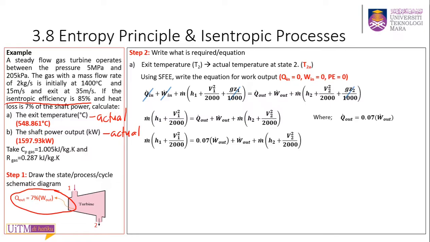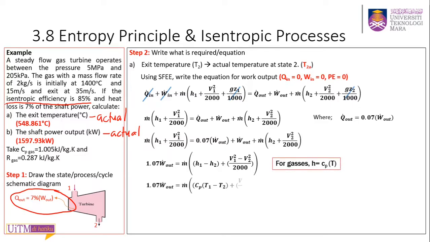Rearrange the equation to find for work output. Now, since the substance is a gas, H is replaced with CpT. But remember that this is only the general equation for work output. This equation must be rewritten to take into consideration the ideal and actual conditions.